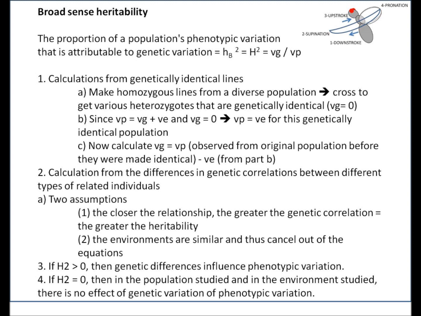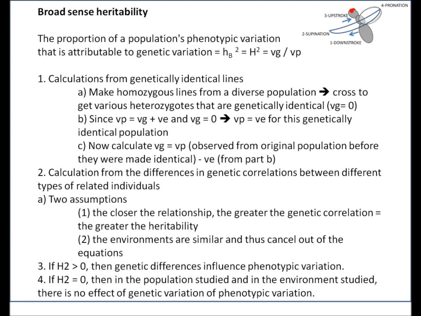So to estimate it, you would calculate from genetically identical lines, make homozygous lines, and then cross to get various heterozygotes that are genetically identical. And then since the phenotypic variance equals the sum of the genetic variance and the environmental variance, and because you've got a genetically identical population, then your variation that's caused by genetics is zero.